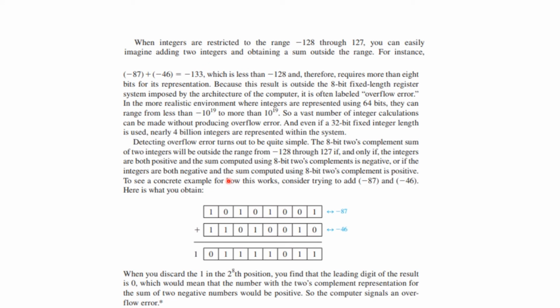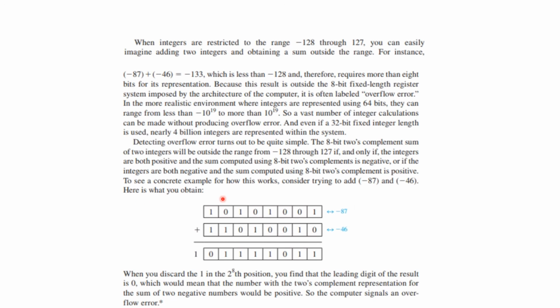Two things here. One thing is that if you're talking about 64 bits, you can go from about minus 10 to the 19th to more than 10 to the 19th. So there are many integers you get without producing overflow, and we talked about a 32-bit system. You can represent 4 billion integers this way.